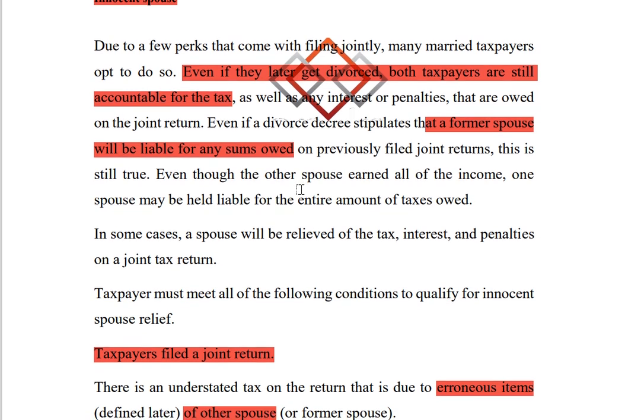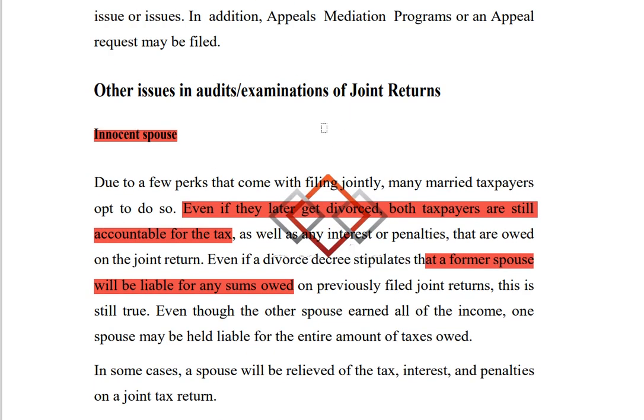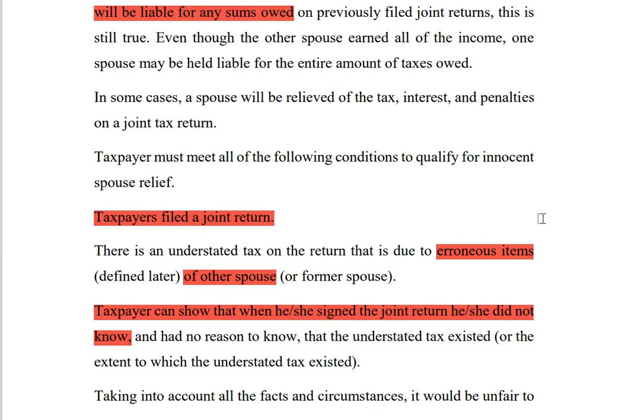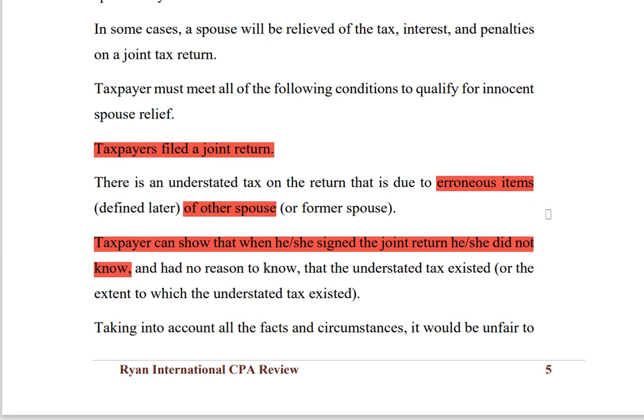There could be typical cases where an innocent spouse claim could be raised. Let's say there were two spouses who were previously married and divorced. If you're filing a joint tax return, typically you are responsible for the items that you reported on the filings prior to your divorce. The former spouse is liable for any of the sums which you filed while you were married. So let's say now the wife filed a new joint tax return with her new husband, and she was supposed to get a refund.